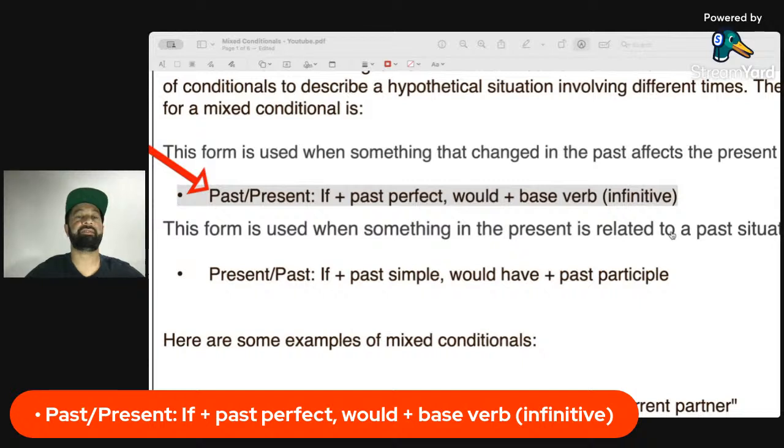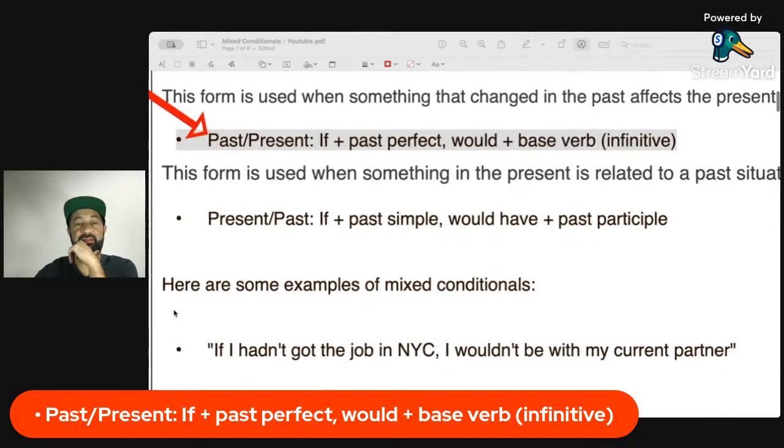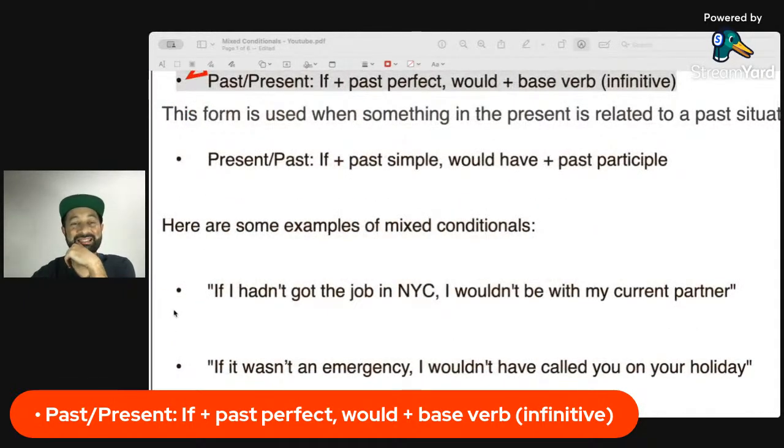Okay, so the past to the present, it's if plus past perfect, would, and the base verb. So our example sentence was, if I hadn't got the job in New York City, that's past perfect, I wouldn't be with my current partner. Okay, would and the base verb.